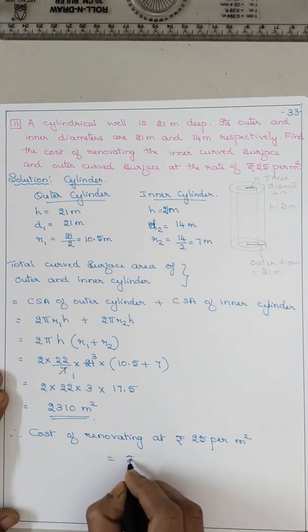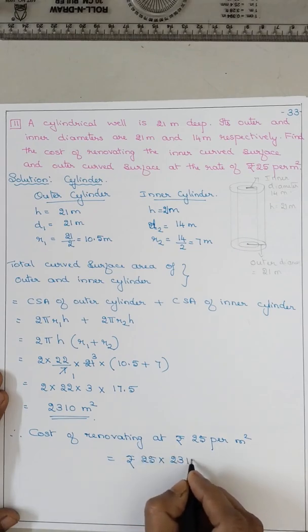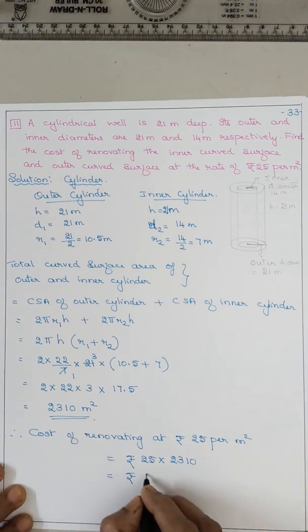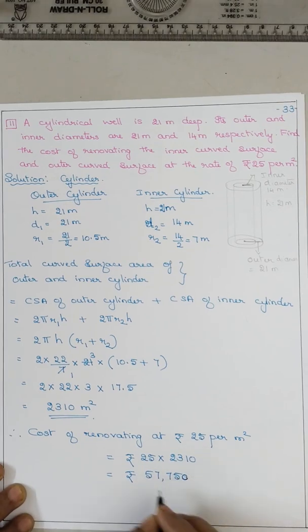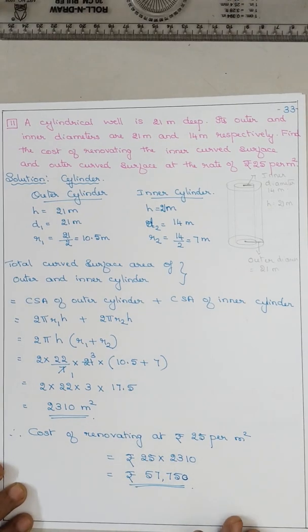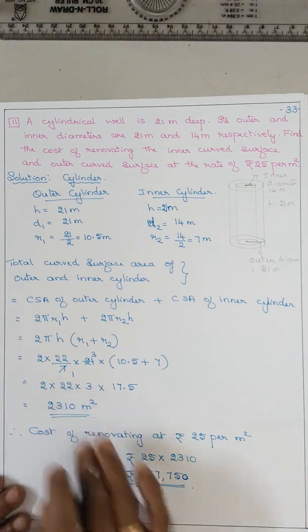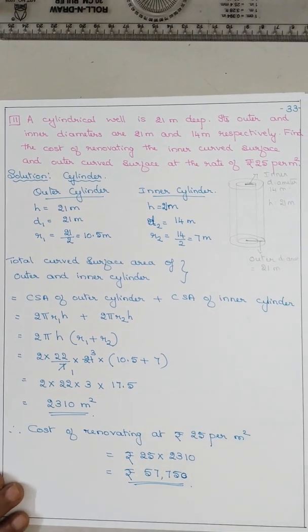What do we do? 25 into 2310. When you multiply, you will get 57,750. So all these multiplications you have to do in the rough work.